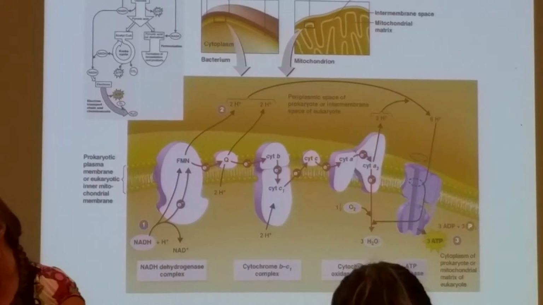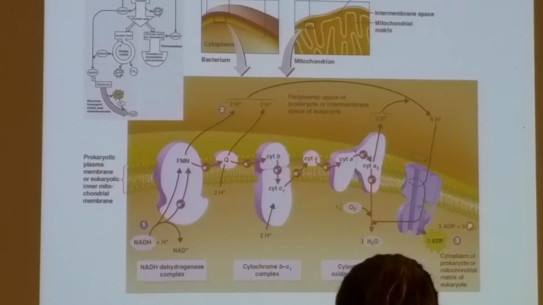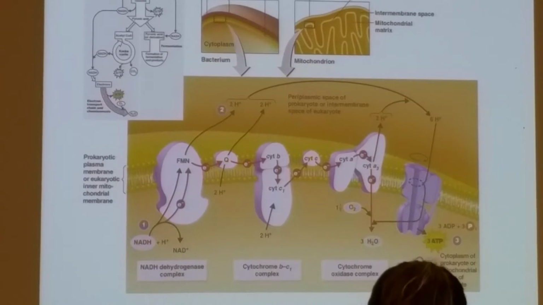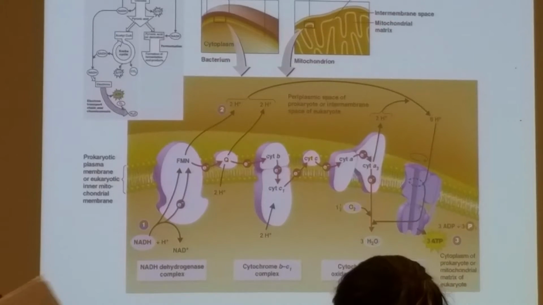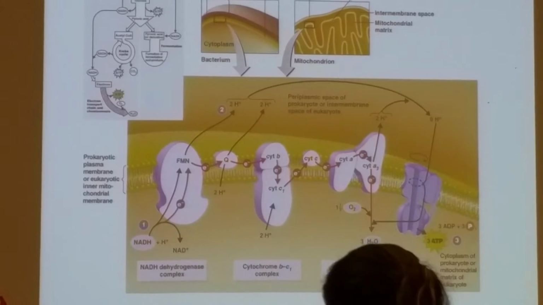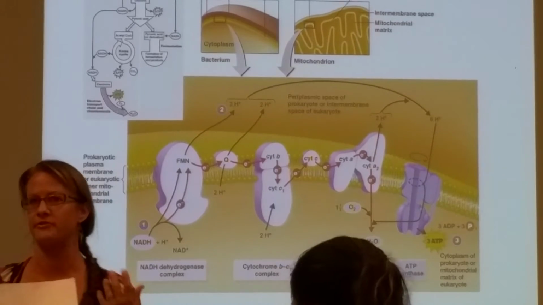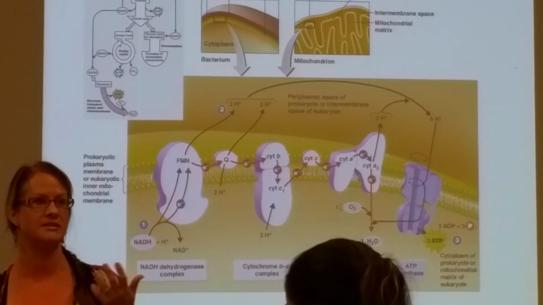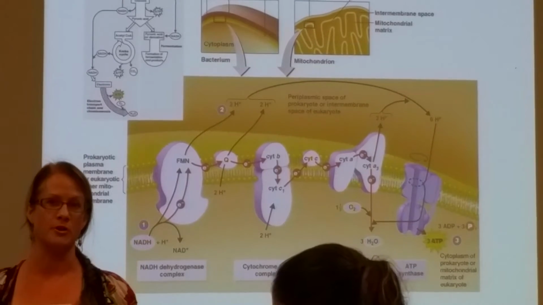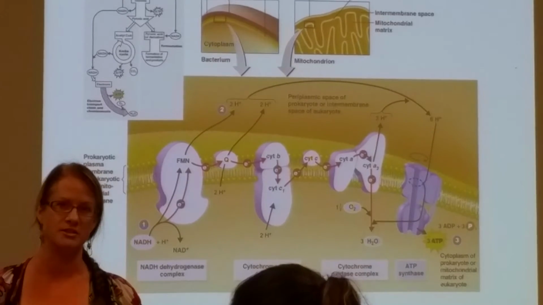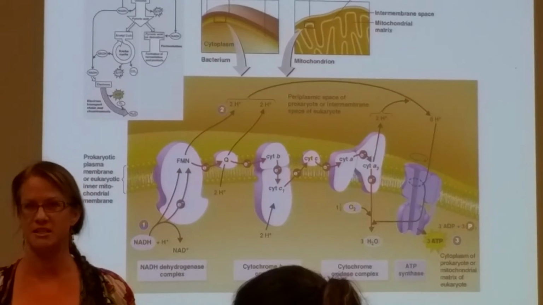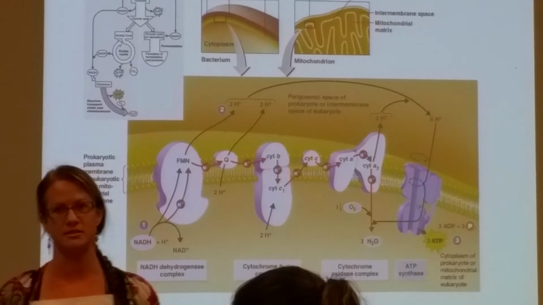So the cell takes the protons and electrons off of NADH and puts them back on pyruvate, or a derivative of it depending on what they're fermenting, but it's usually pyruvate or pyruvic acid. They do it in different ways with different enzymes and different pathways, and that's where they yield different end products, possibly ethanol and CO2, or lactic acid or other types of acids.